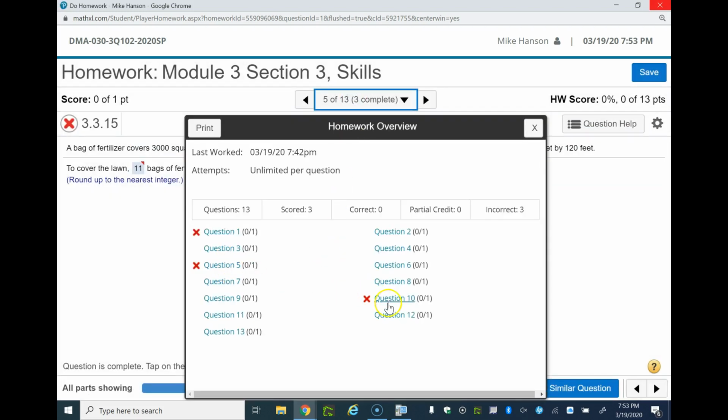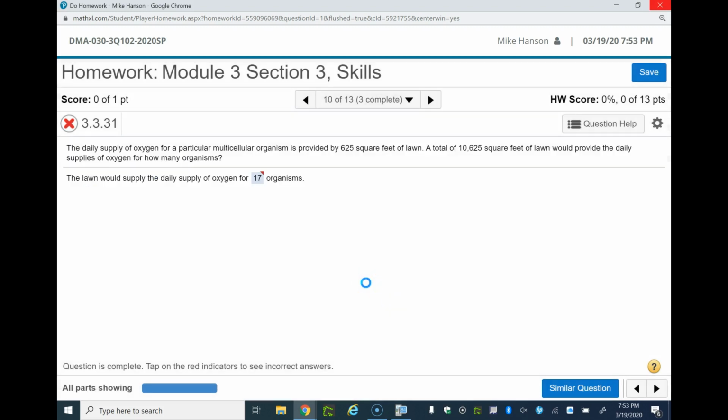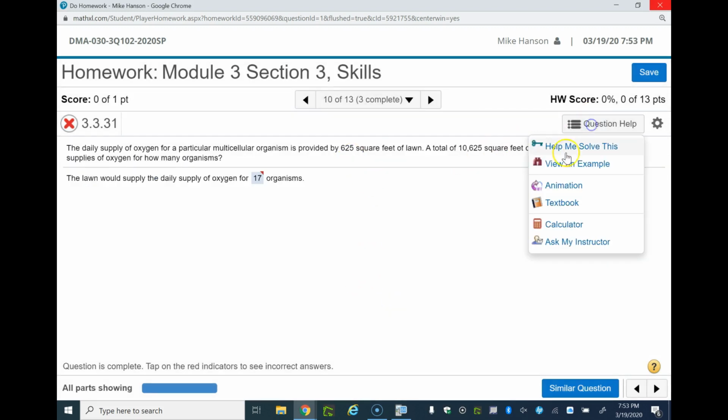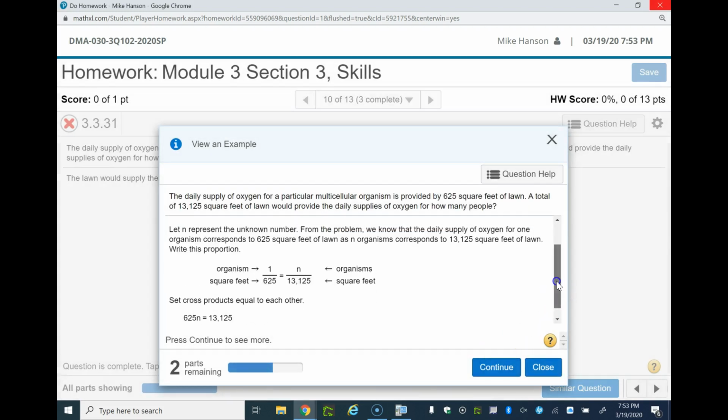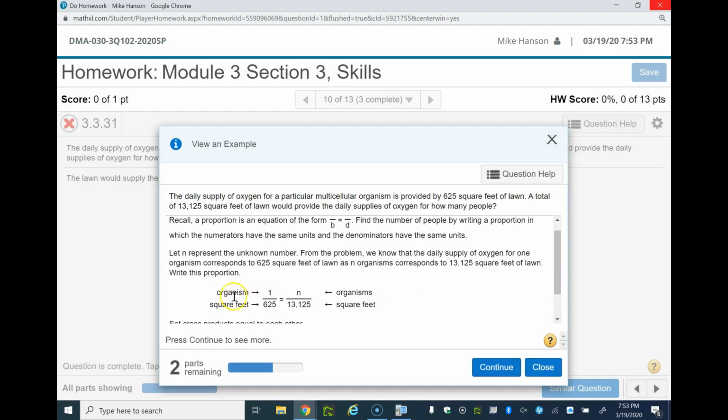The last one I'm going to go over is number 10. Once again, here are my numbers. I'm going to quickly do an example. Go down to where they have the proportions set up for us. Here we have an organism, that's what we start with. A daily supply of oxygen for a particular organism, so that's where the 1 comes into play, over 625 is equal to 13,125 square feet.